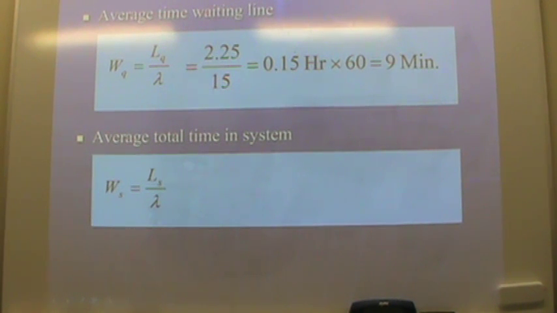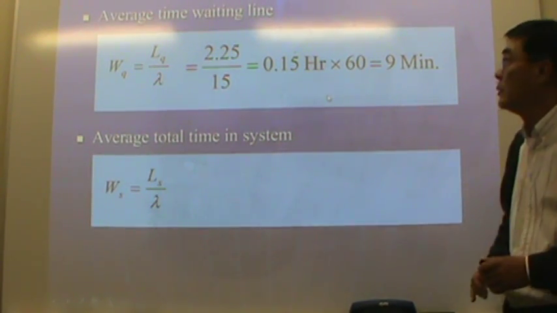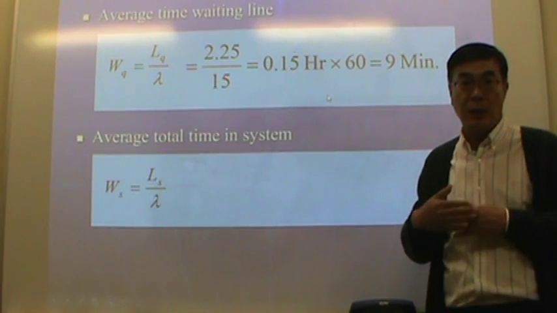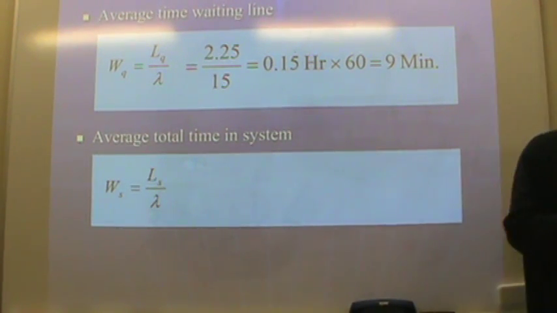The time unit is hour, so to convert this to minutes, times 60 equals 9 minutes. So on average, 9 minutes waiting in the waiting line.